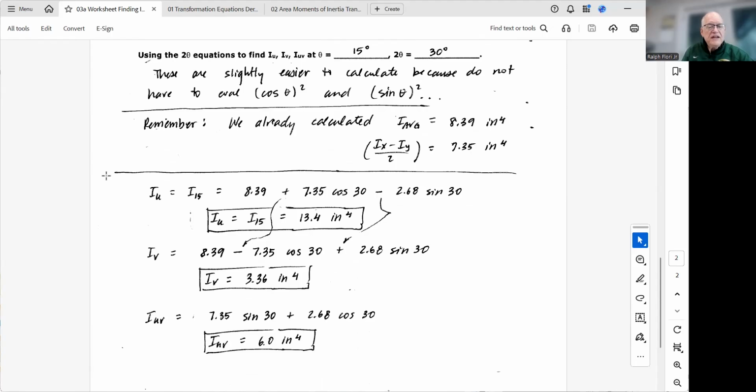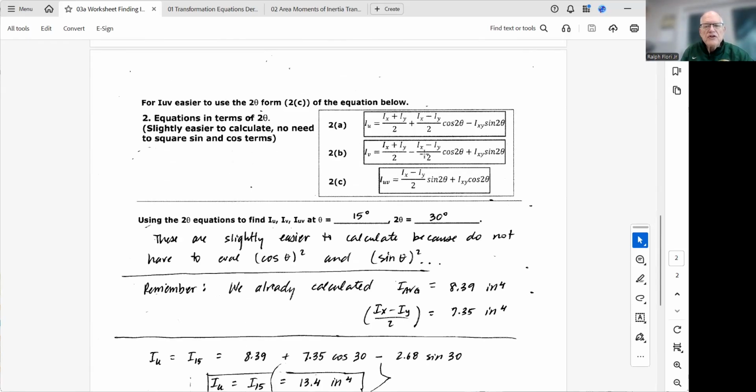So I at 15 degrees is I average, which is 8.39, plus the second term, which is 7.35, cosine 2 theta, which is cosine 30, minus Ixy sine 30, or sine of 2 theta. And we get I15 is 13.4, which is what we got before. The IV equation, which is 90 degrees from that, is this equation here.